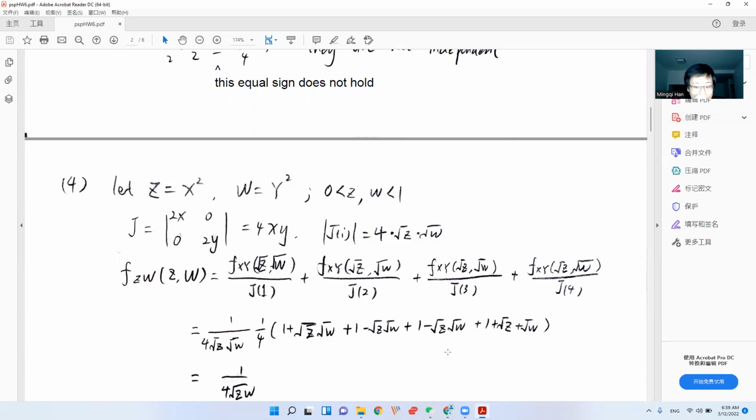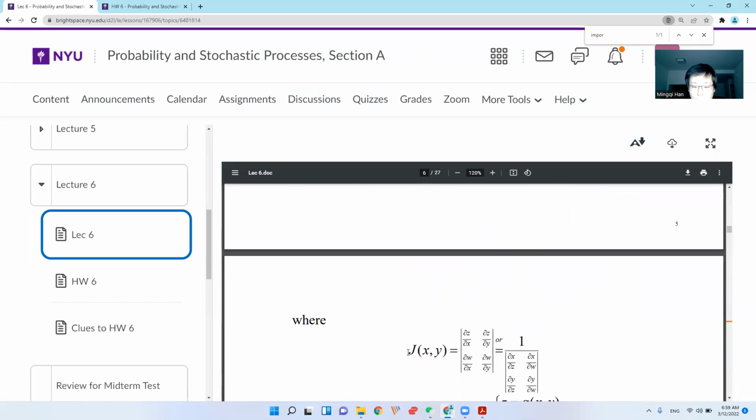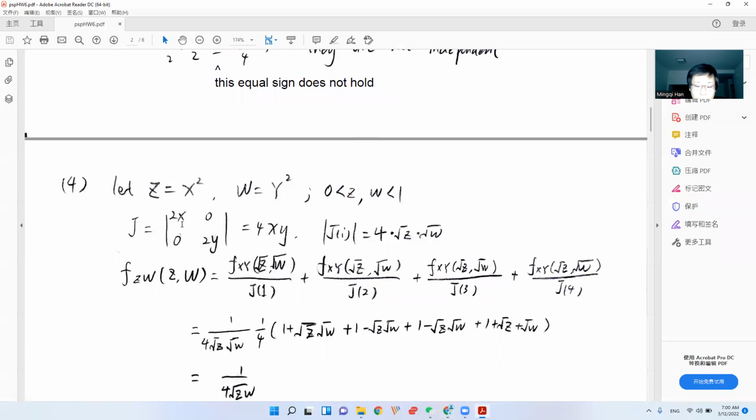We have J from the equation here. J(x,y) is this part, so after the derivation, we have 2x times 2y minus 0 times 0, which gives 4xy, and J inverse is equal to this value in the representation of z and w.